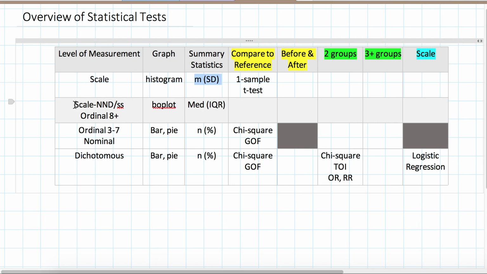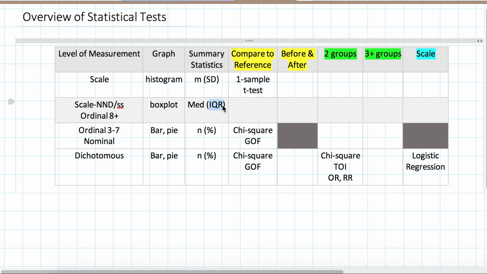And then for this interesting middle category, and you'll see where this is going to start becoming important, we have a box plot, and we report the median. Instead of the mean, we report the median and the range, or the interquartile range, something along those lines. And so those are what we would consider to be the descriptive statistics that we would use to summarize each of those kinds of variables.